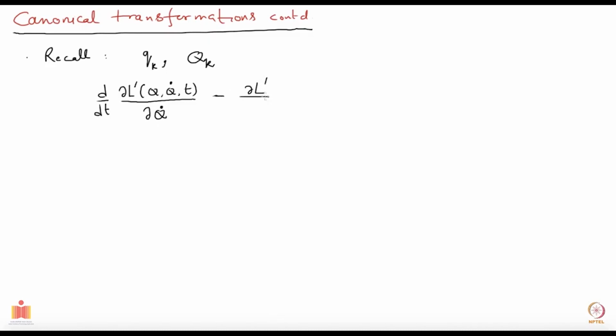The Lagrangian is denoted by L prime here, but if you recall, L prime is the same as L. The only difference is that, maybe I should write the equation, it will be clear. L prime of Q, Q dot and t is the same as L of q, q dot and t. So you take the q's and rewrite them using capital Q. That's all. This is what we have seen already in our discussion of Lagrangian dynamics.